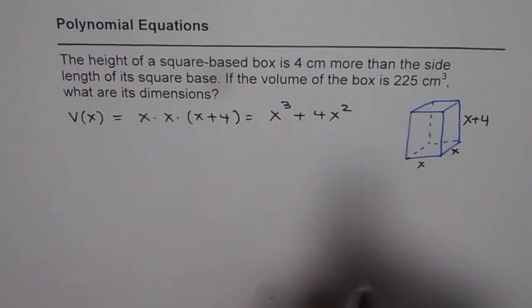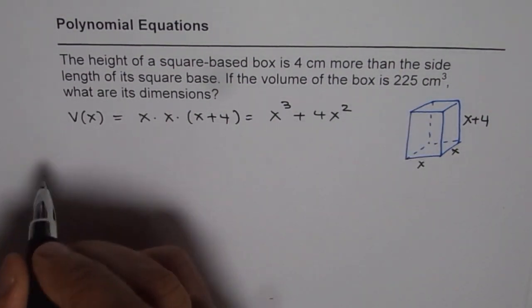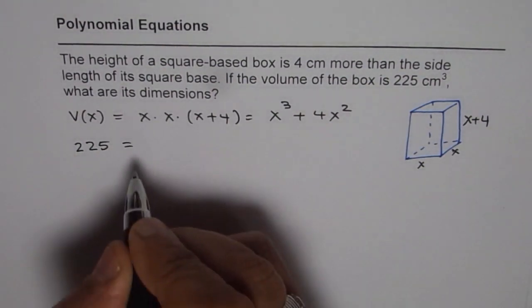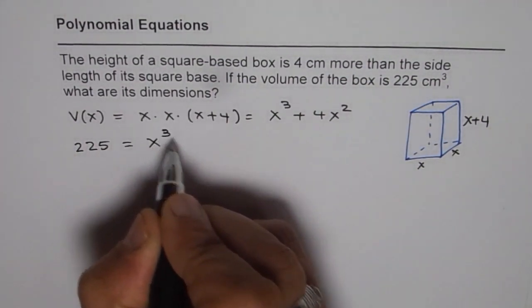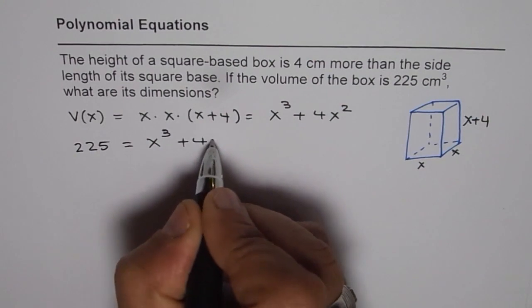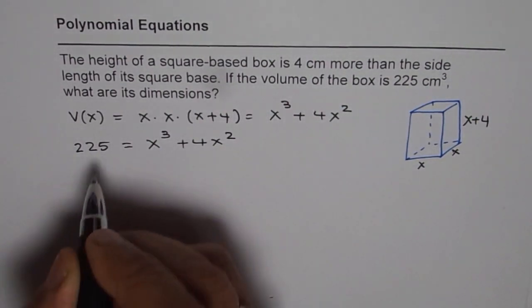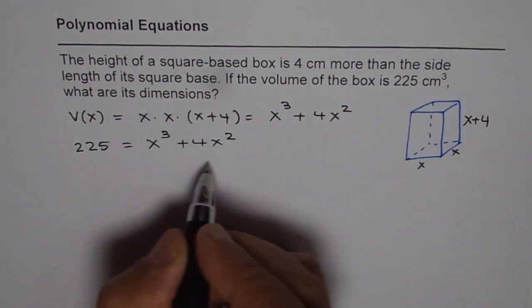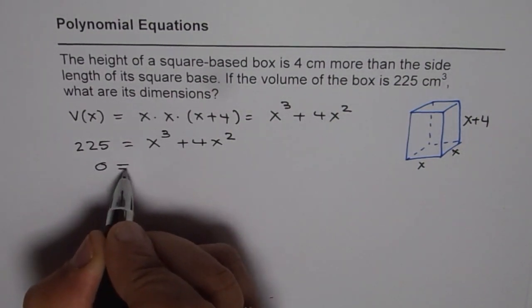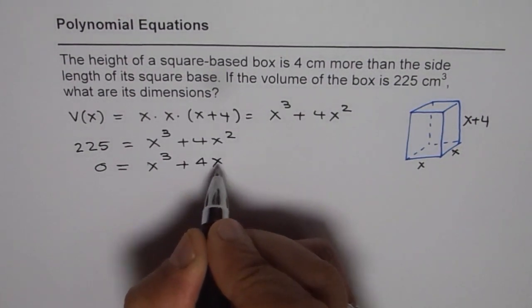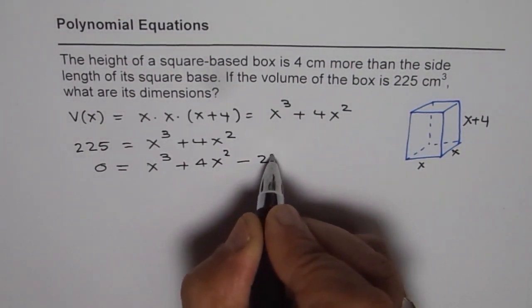So volume is 225, let's replace V of x with 225, and then that should be equal to x cube plus 4x square. We need to find the value of x. So take away 225 from both sides, we get 0 equals x cube plus 4x square minus 225.